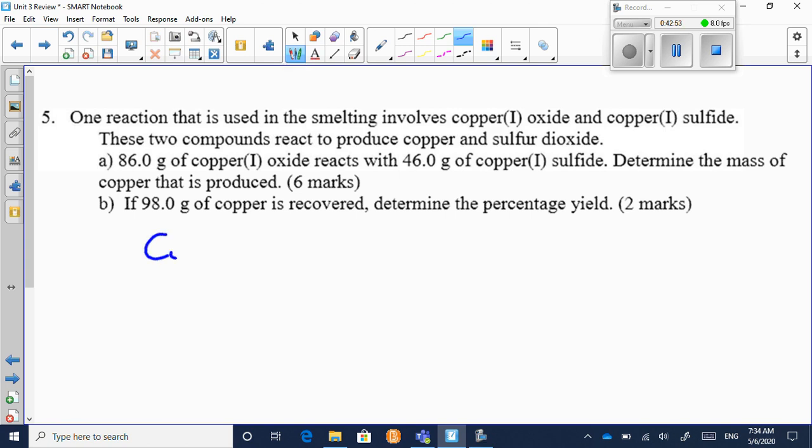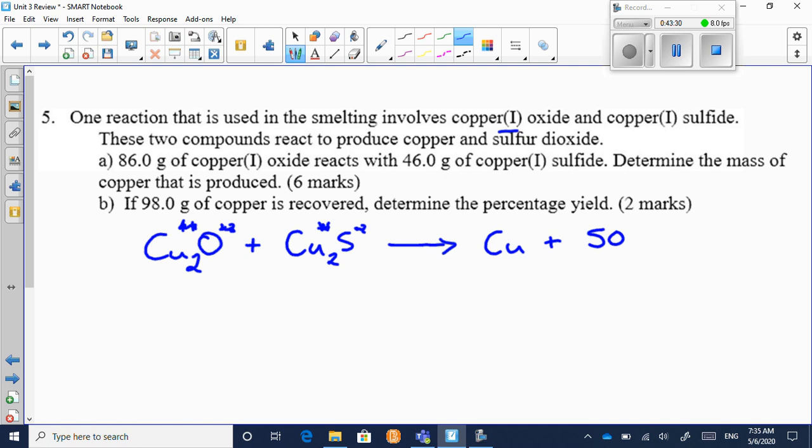Copper 1 oxide: copper is +1, oxygen is always -2, so it's Cu2O. Plus copper 1 sulfide: Cu +1, sulfur is always -2, so it's Cu2S. They react together to make copper, which can exist on its own, so it's just Cu, plus sulfur dioxide, SO2.